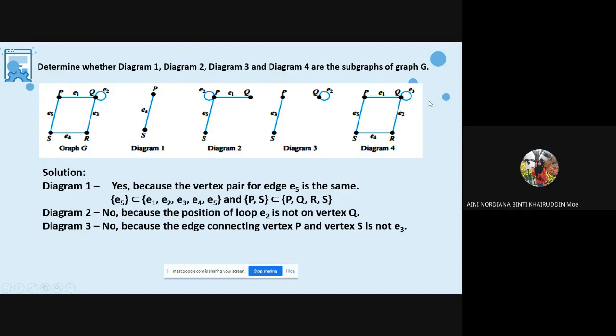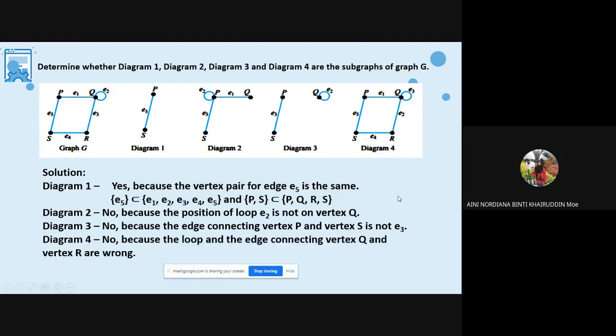Walaupun bentuk sama tapi E ni salah. So automatically not a subgraph. Boleh tak? Senang je. Subgraph ni mesti sama semuanya dengan graf G. Dia subgraph ni lebih kurang macam subset lah. Dia bentuk yang sama sebahagian daripada graf G. Tapi semua mesti betul. Boleh? Boleh.